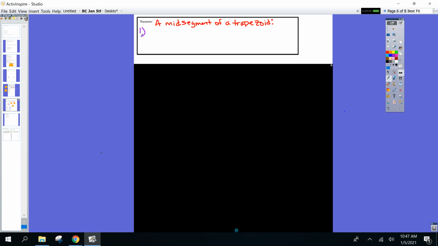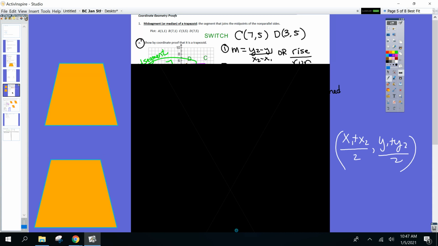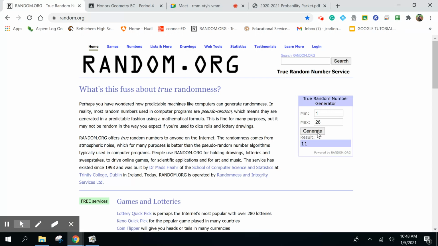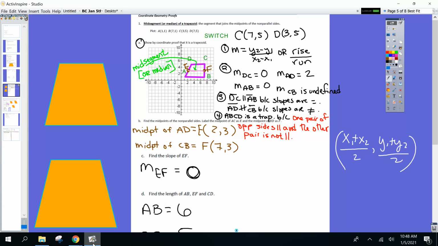So let's go back to part C right now, where I asked you guys for the slope of the midsegment. Hannah, good morning. What did we find the slope of EF to be in part C? 0.